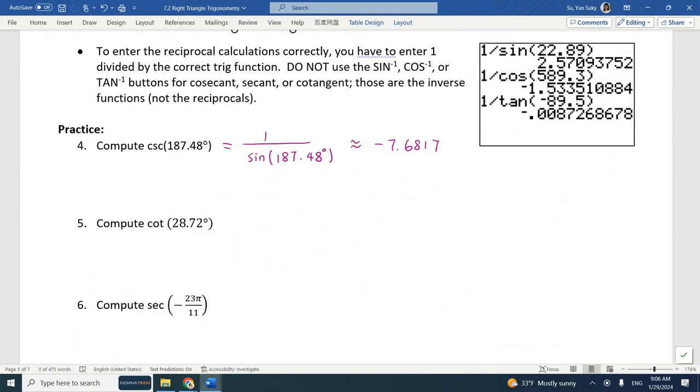What is cotangent? Yeah, 1 over tangent. And this is 28.72 degrees. Put this in your calculator. What do you get? 1.8250. 1.8250.